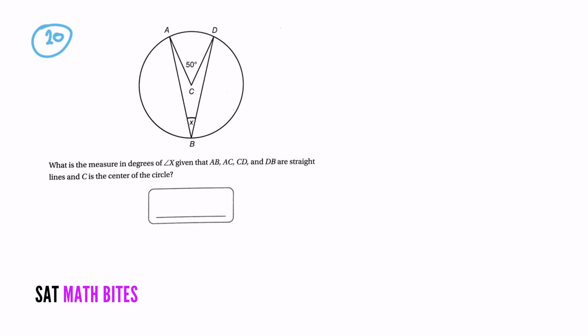In problem number 20, we have two things going on. We have an angle here and an angle X. This is what we call an intercepted arc. And this is what we call an inscribed angle. This is just a definition that you need to know.